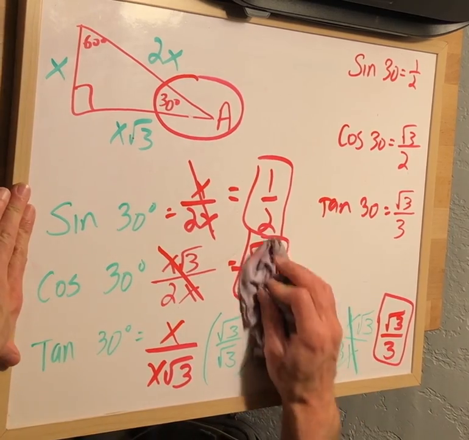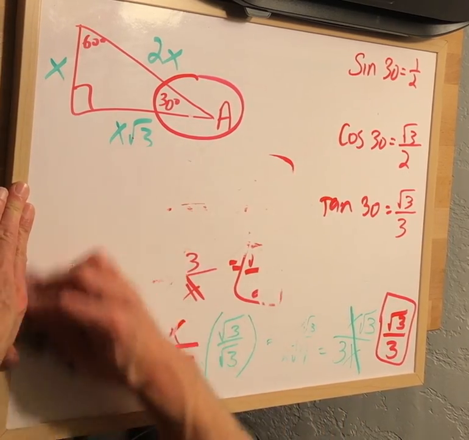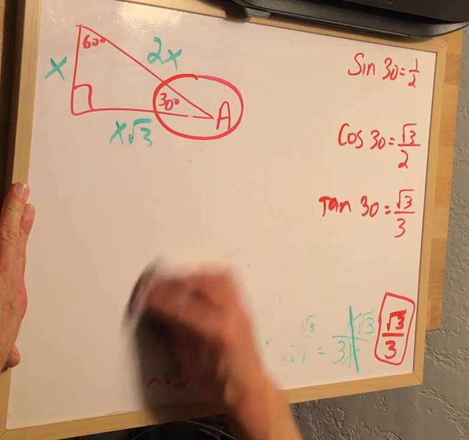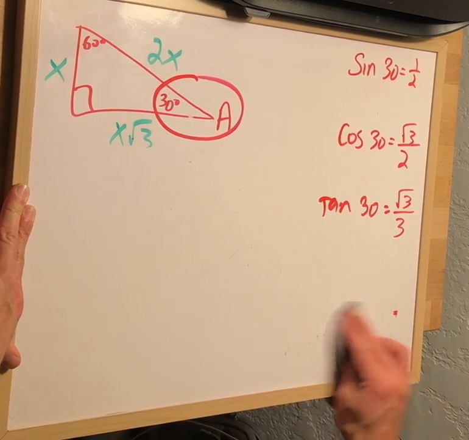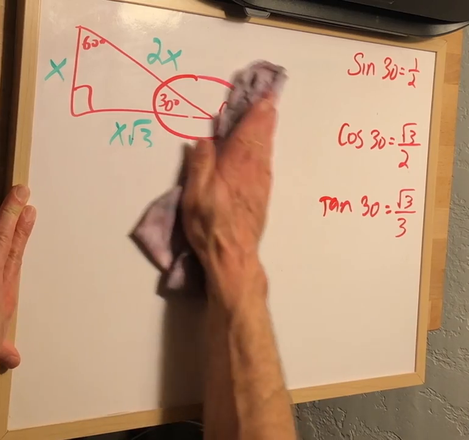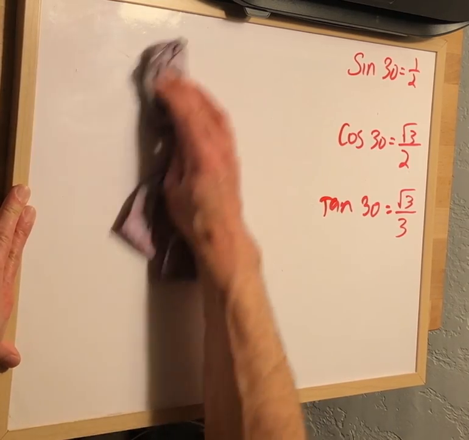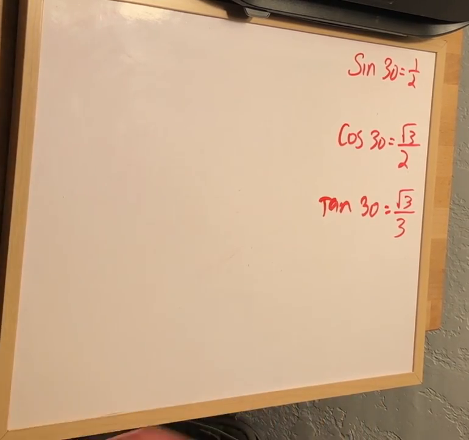The reason I'm writing this up here is because as we do these, you're going to see, and this is the important thing to understand, no matter what the triangle looks like, it'll always simplify to this ratio.